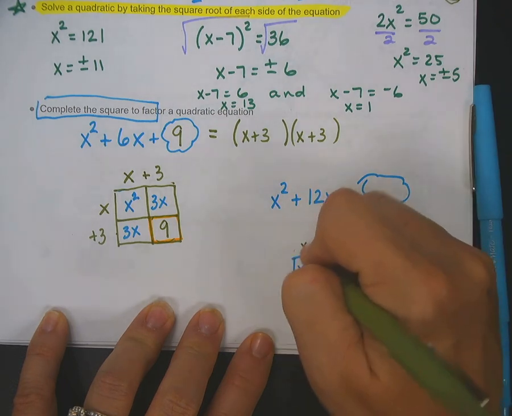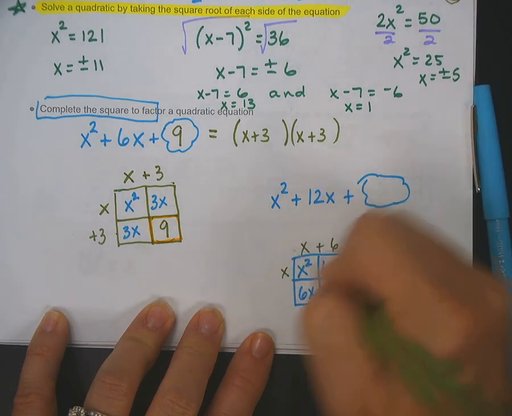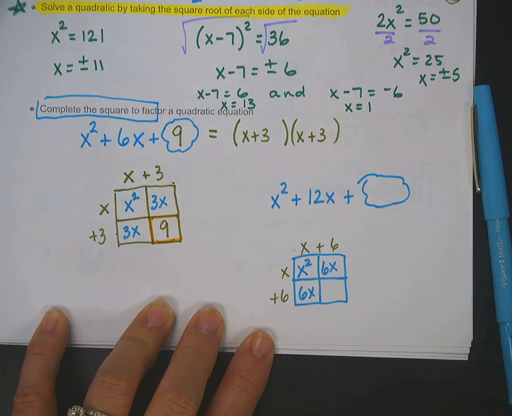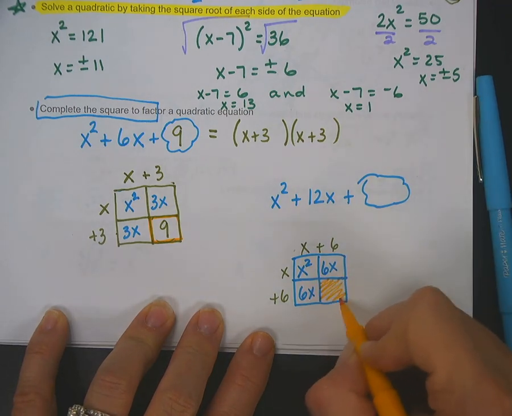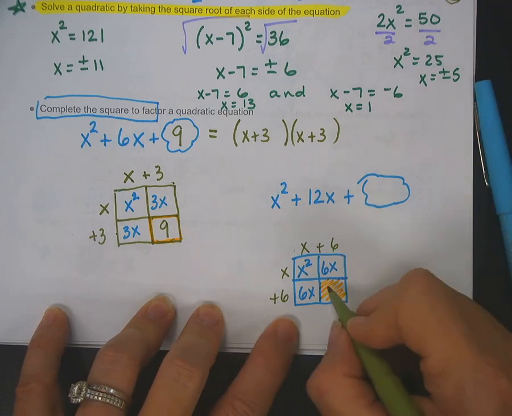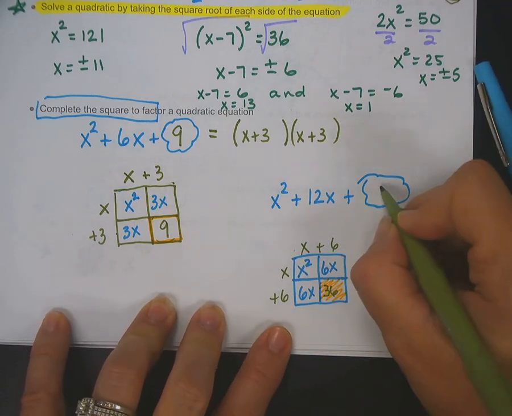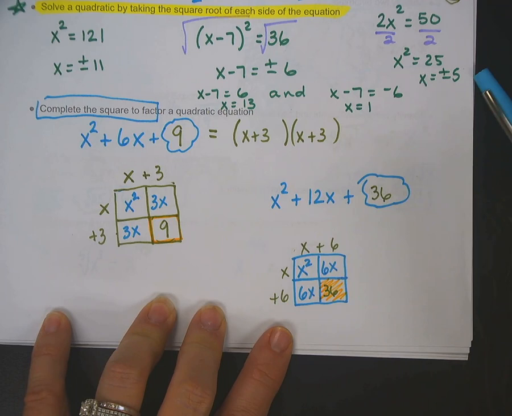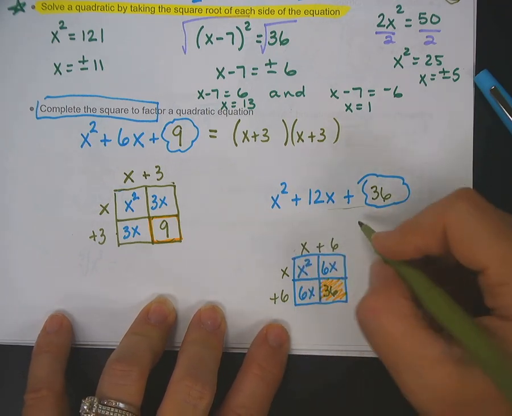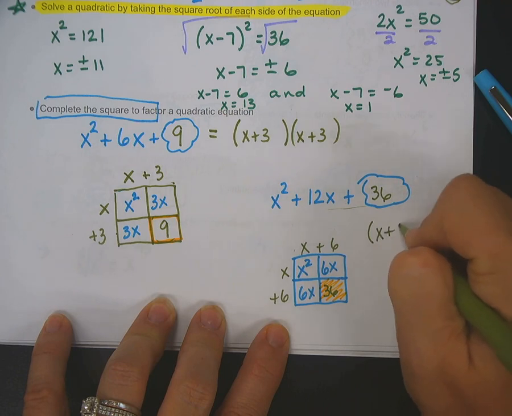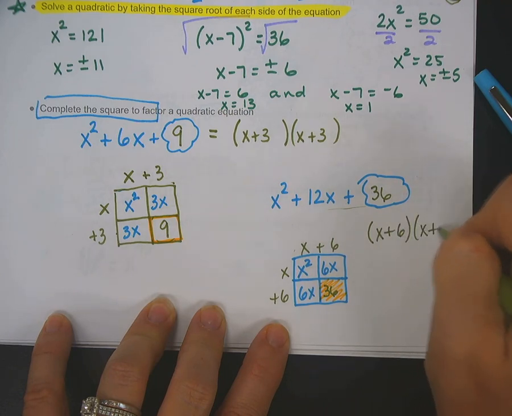So then when we do battleship, completing the square means finding this number. So 6 times 6 is 36. So if we add 36 to this problem, we now have a trinomial. And that trinomial factors into x plus 6 times the quantity of x plus 6.